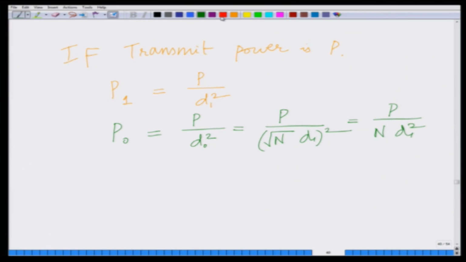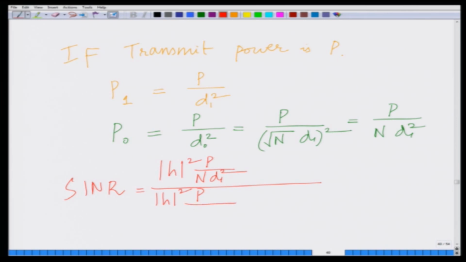Now, if I substitute this in the expression for our SINR, I have SINR equals magnitude h square times P naught, but P naught is P divided by n d1 square, divided by magnitude of h square P1 divided by n, which is P divided by d1 square, multiplied by n, plus sigma square divided by n.